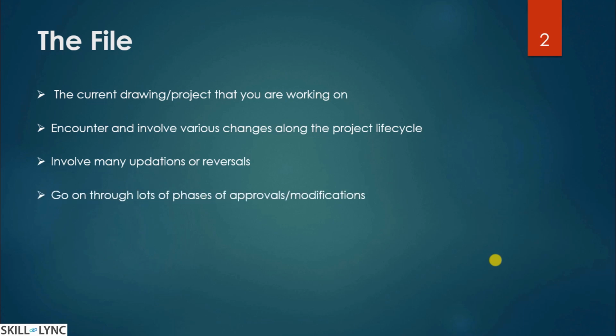As we discussed, it has to go through lots of phases of approvals or modification for each and every change that you make. If certain changes are not approved by the committee and they have to revert, then you go back to the previous version and proceed on from there. So the file typically goes through a lot of modifications to get the final one, and everything is going to affect the current drawing that you're working on. This is how important the file is.